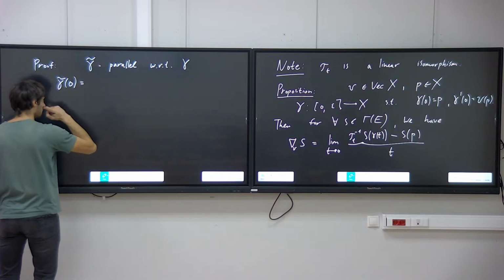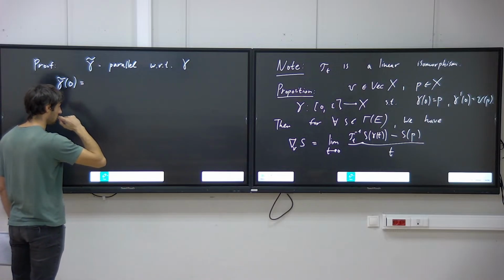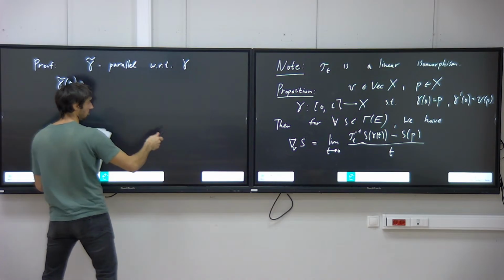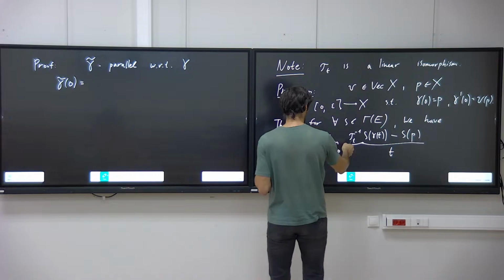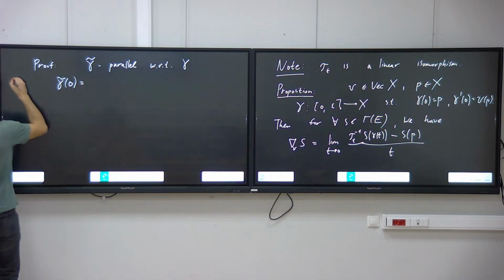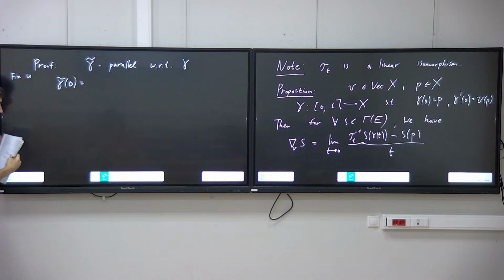I just put gamma tilde of 0 to be this guy. At the moment I fix some u, which I will then send to 0, or rather take a limit as u goes to 0.